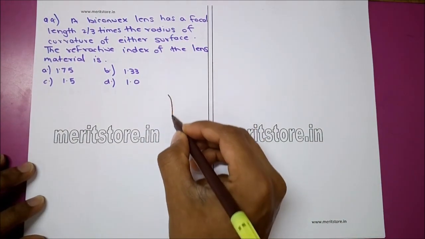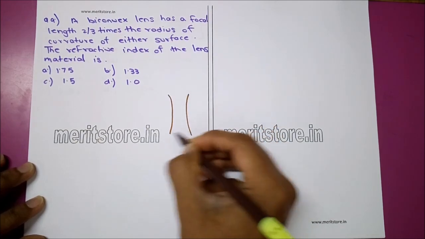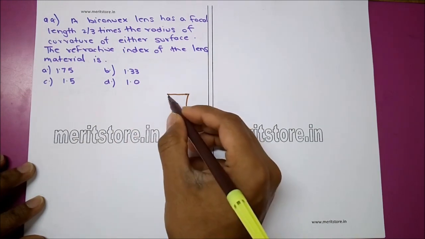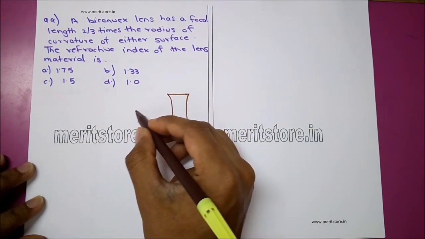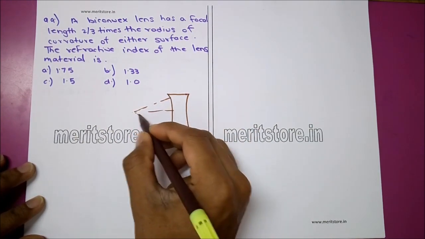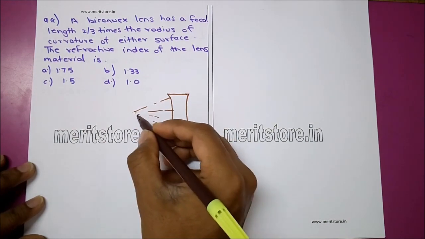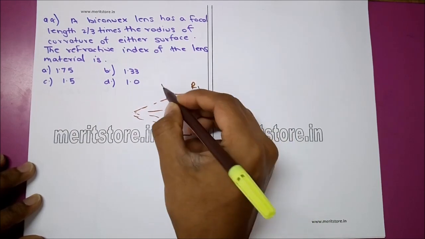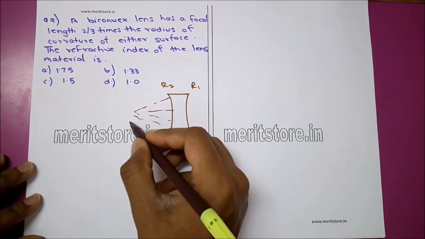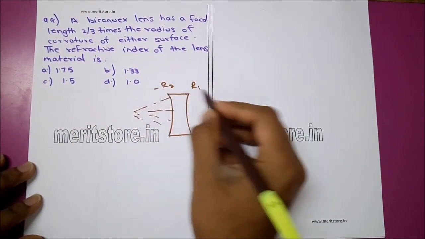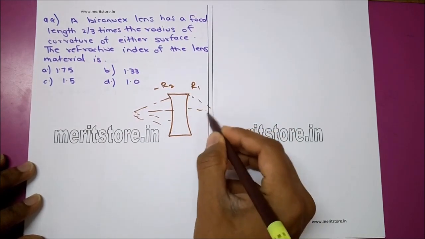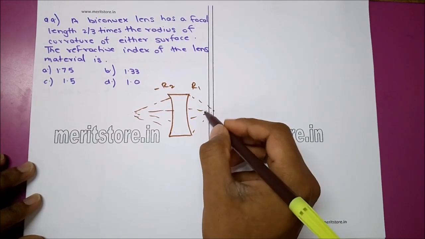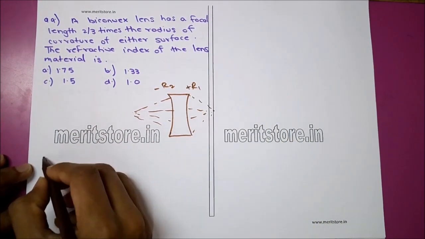Now for a biconvex lens, let's consider R1 and R2, the radii of curvature of the two surfaces. Since this surface is on the left, R2 would be taken as negative, whereas the radius of curvature of this point, which is on the right, will be taken as positive.